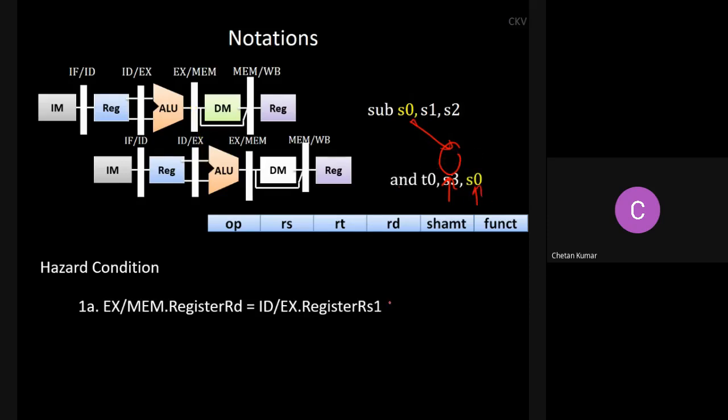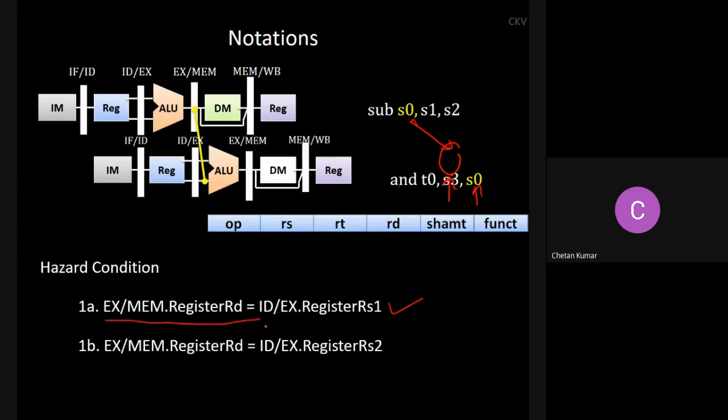So based on that, they give two conditions. Either EX/MEM.RegisterRd equals ID/EX.RegisterRs1, or EX/MEM.RegisterRd equals ID/EX.RegisterRs2. So this is what they give for the EX hazard.